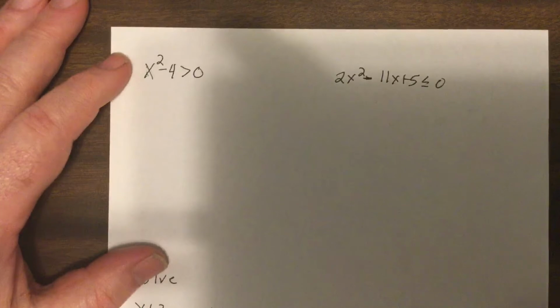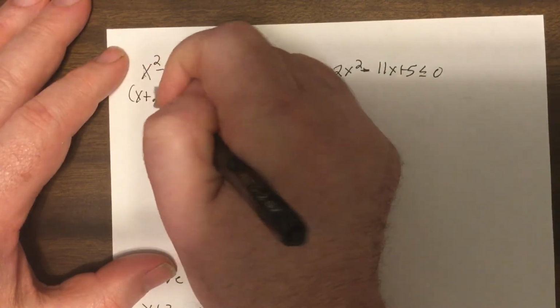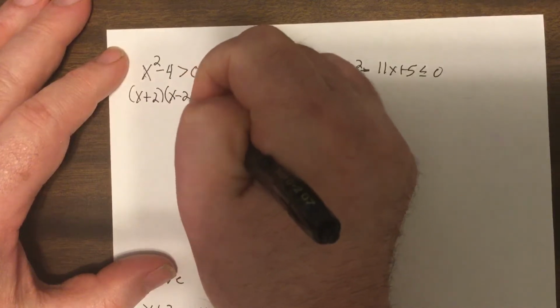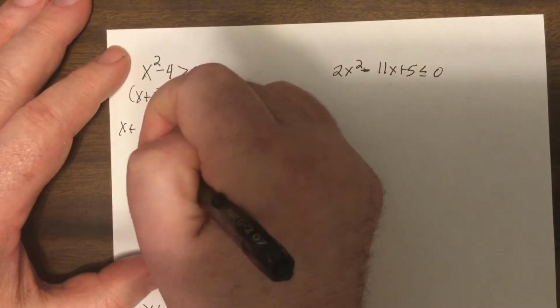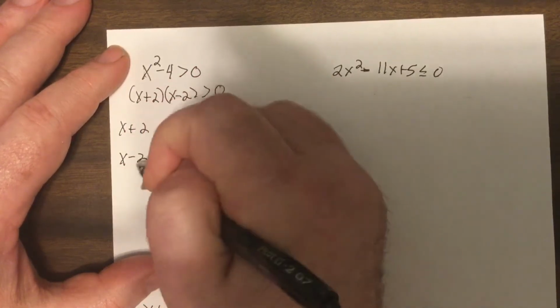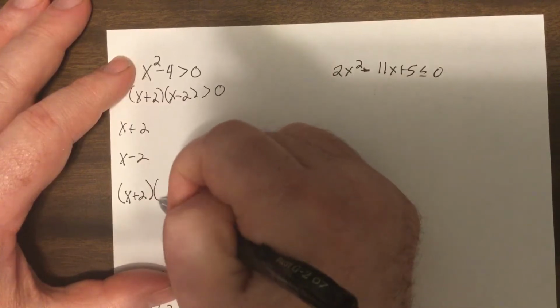Now, inequalities, we need to factor this, x plus 2, x minus 2, and we're going to make sign graphs. So x plus 2, x minus 2, and then the product of both of those.